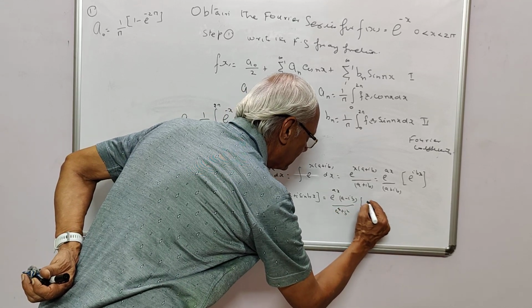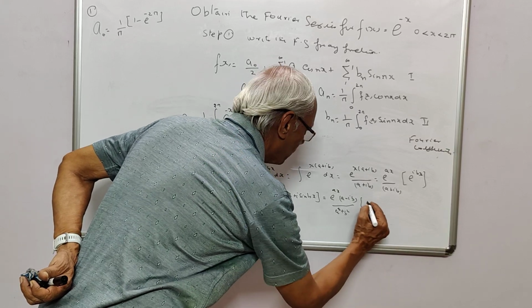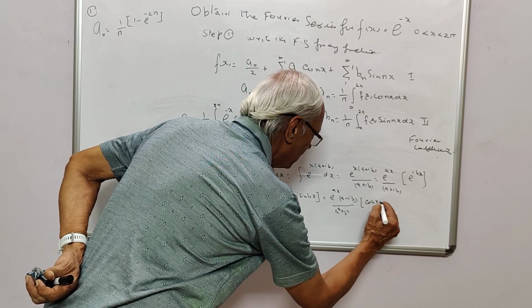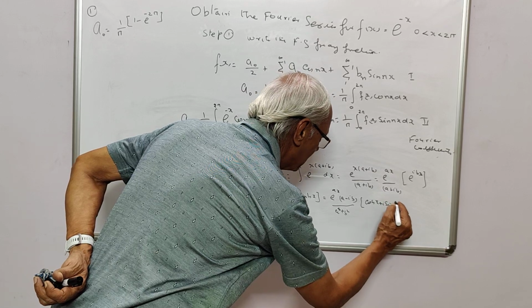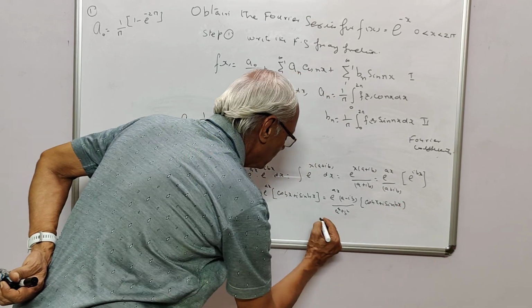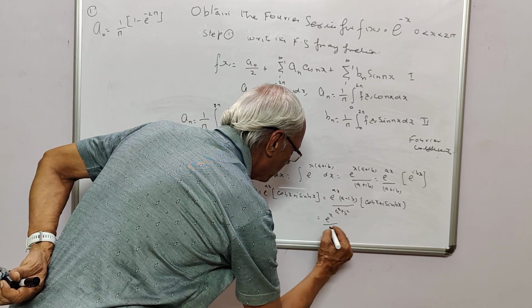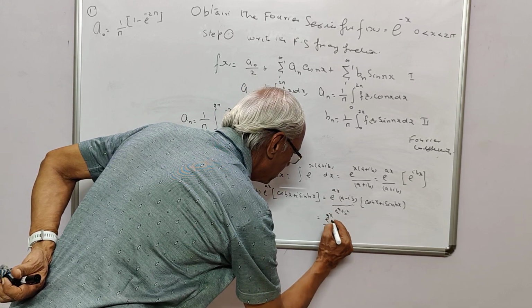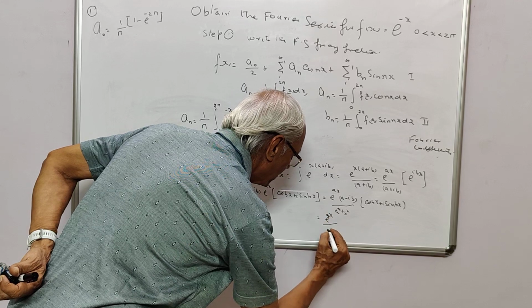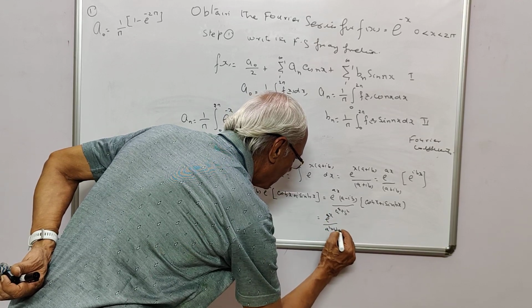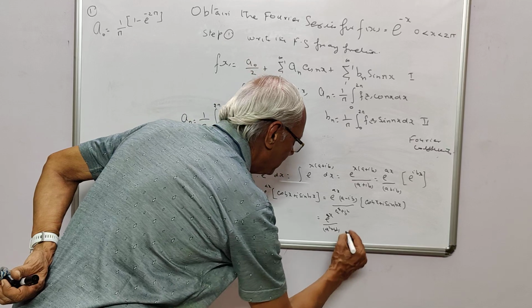into (cos bx plus i sin bx). Now take this a inside, so you'll get e to the power of ax into a squared plus b squared in the denominator.